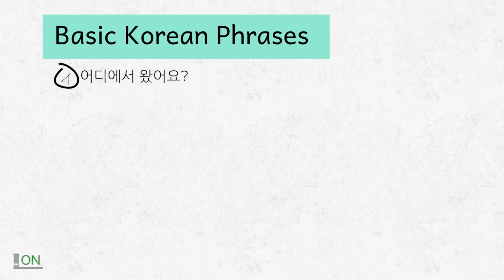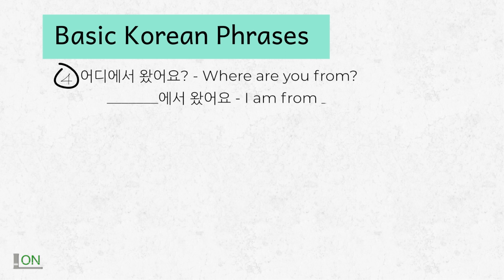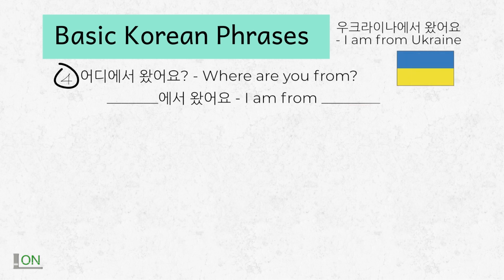어디에서 왔어요? Where are you from? The name of the country. 에서 왔어요. I am from. Since I am from Ukraine, so I would say 우크라이나에서 왔어요. I am from Ukraine. Let's learn how to say some other countries.